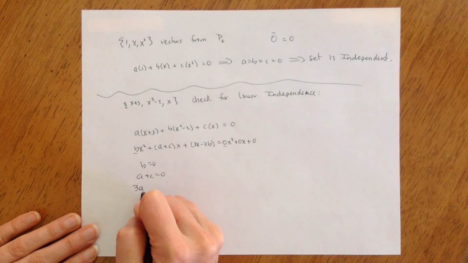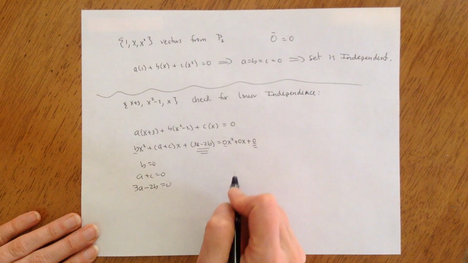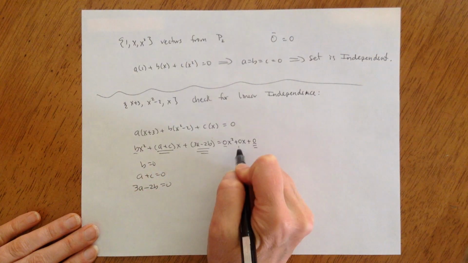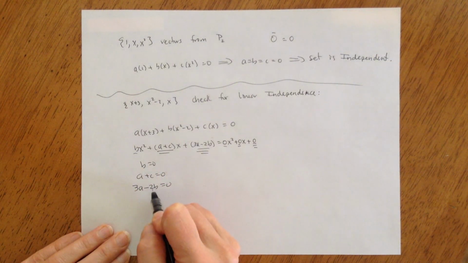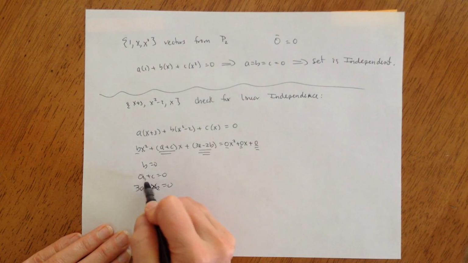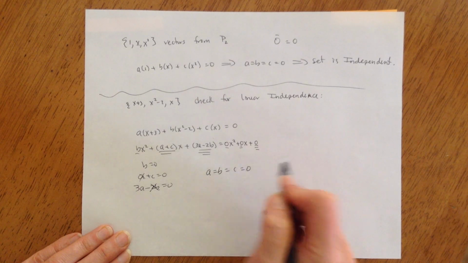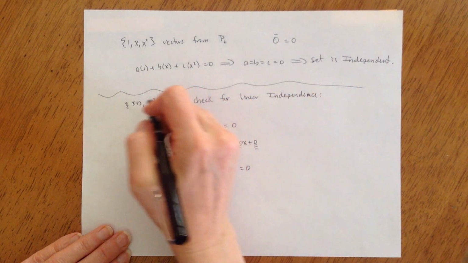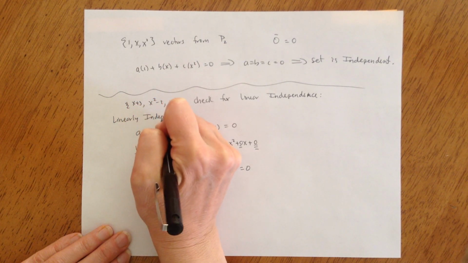And I would need 3a minus 2b to be equal to 0, because the constants have to be the same and the x coefficients have to be the same. That's this equation. So we have b equals 0, which we can plug in here. That annihilates this term right here. So a is equal to 0, which annihilates this. So we get a equals b equals c equals 0. So the set is linearly independent.